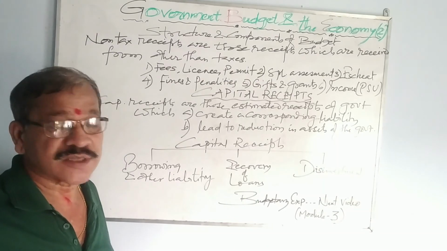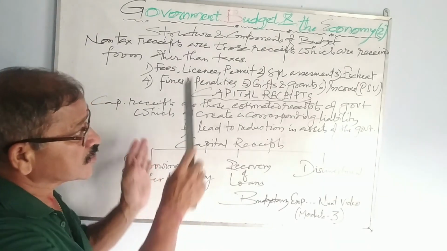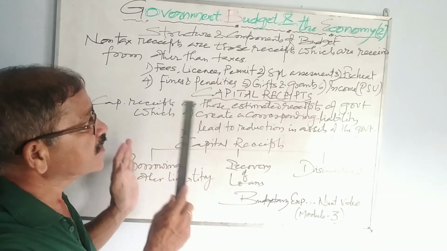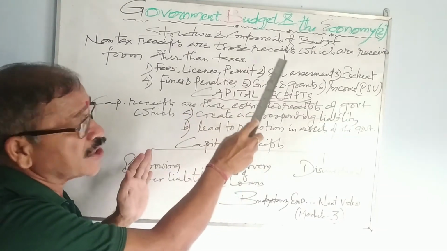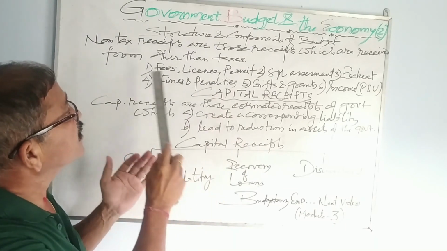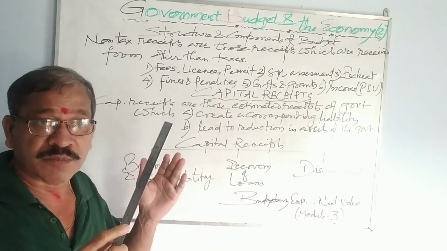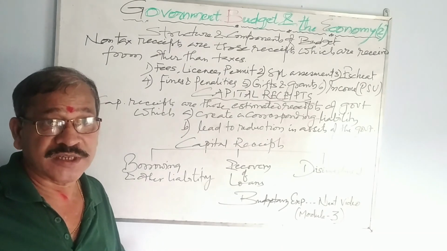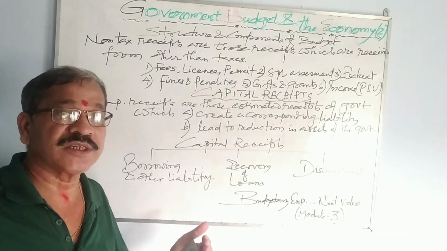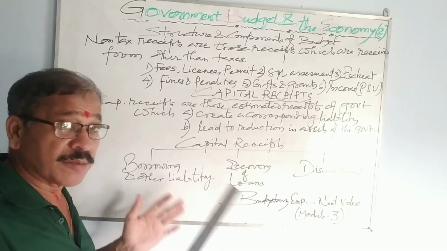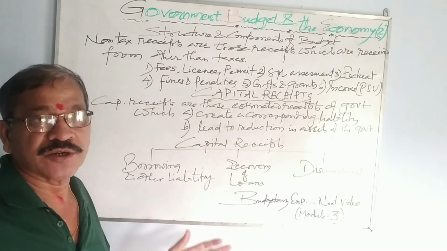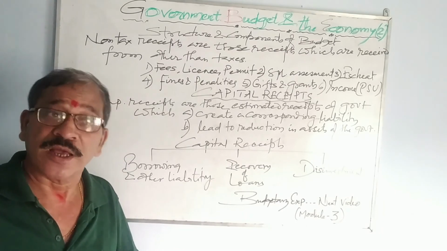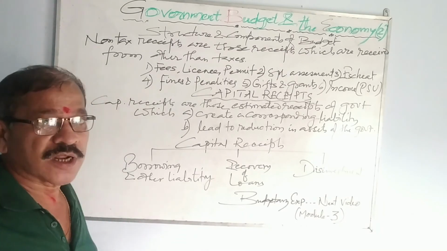Revenue receipt we discussed, capital receipts we discussed. In this module number 2, we discussed the structure and components of the budget, in which we discussed only budgetary receipts. We did not discuss budgetary expenditure. Budgetary receipts have been classified into revenue receipt and capital receipt.